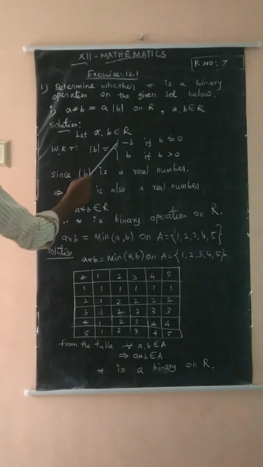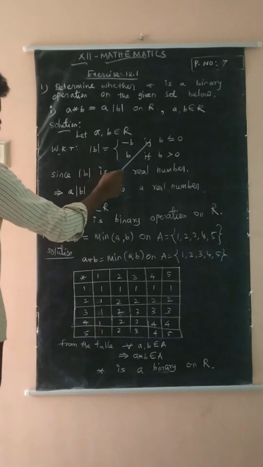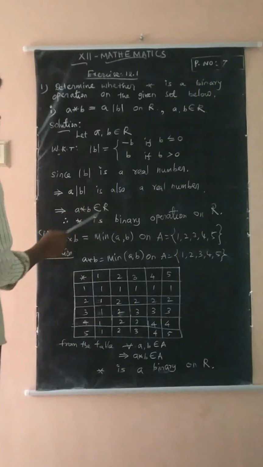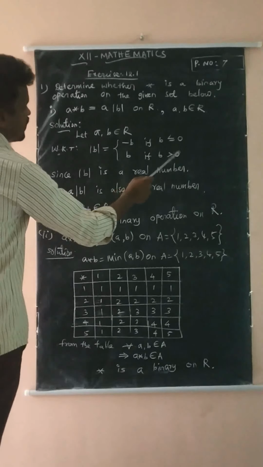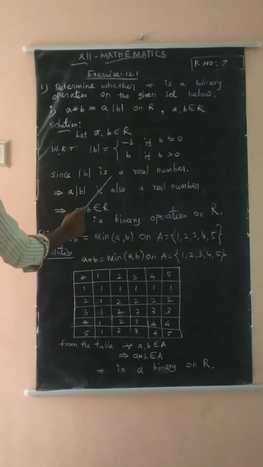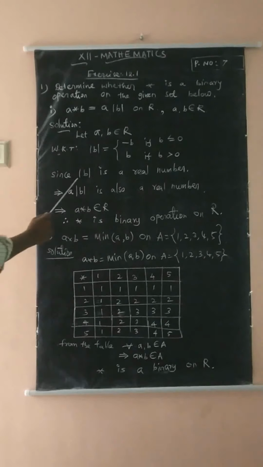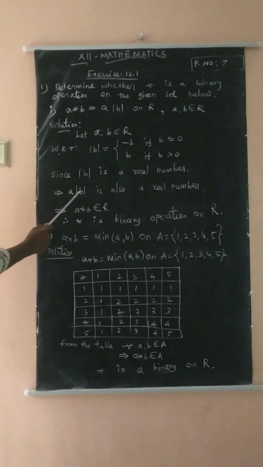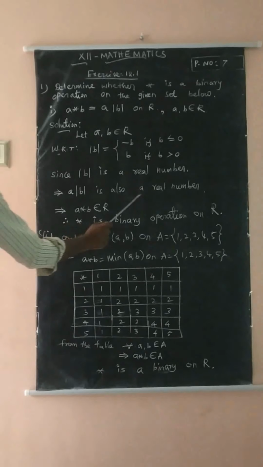Modulus of B is equal to minus B if B is less than or equal to 0, and B if B is greater than 0. In this case, modulus of B is always a real number. The product of a real number into a real number is also a real number. So A into modulus of B is also a real number.